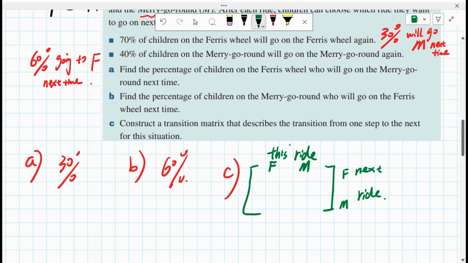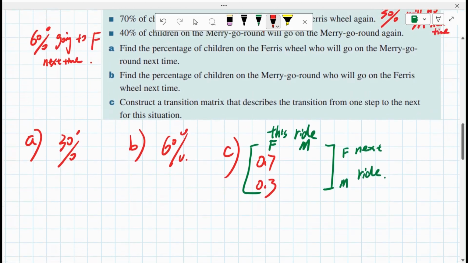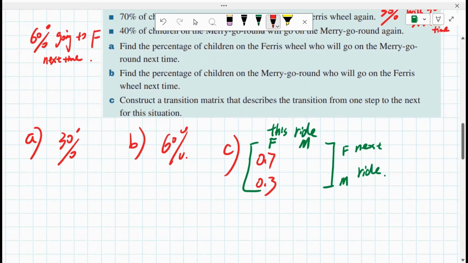Let's try. 70% will go on the Ferris wheel again, which is 0.7. And 30% will go on the merry-go-round next time, which is 0.3. And these 40% of people going on the merry-go-round and going on the merry-go-round again, this is 0.4. And this will be 0.6. Hopefully that makes sense to you guys.